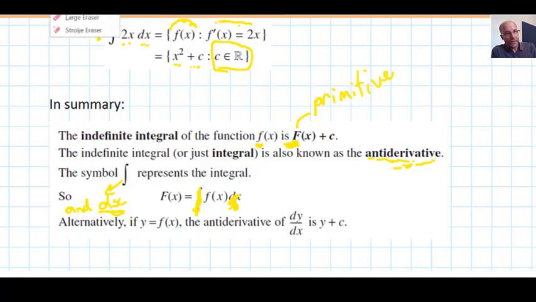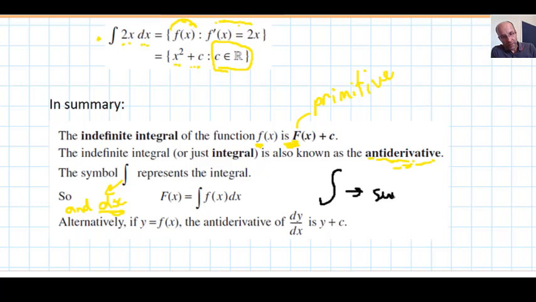And remember, the symbol has two parts on it. It has the squiggly S looking shape and the dx, and the S shape actually is a stretched out S like that, and later on we're going to see that that means summation when we start to look at a graphical and geometrical explanation for this. So it alludes to summation. That's why it looks like an S.